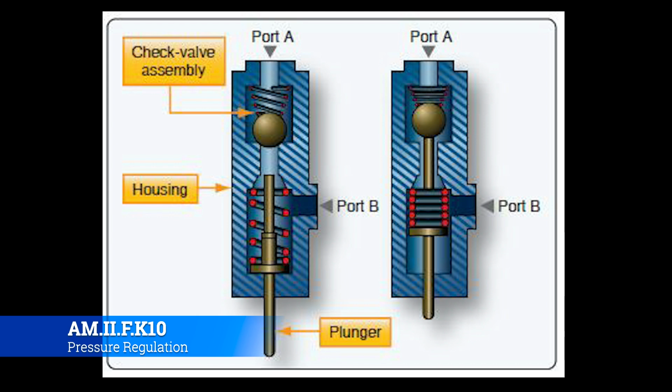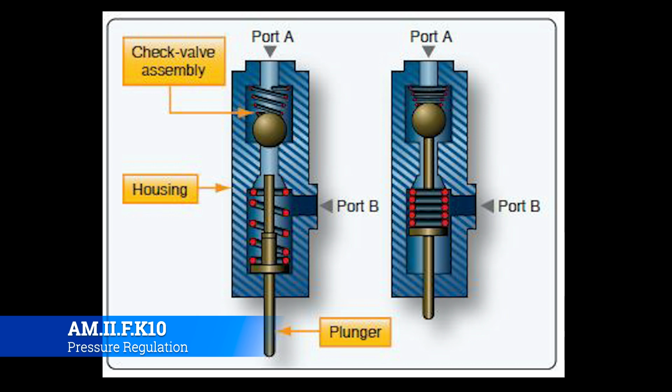So imagine your gear is fully extended, down and locked, and there's no way for the hydraulic fluid to flow from port A down and out through port B. However, whenever the gear is up, that plunger comes in, it collapses that check valve and allows fluid to flow from port A all the way through to port B.